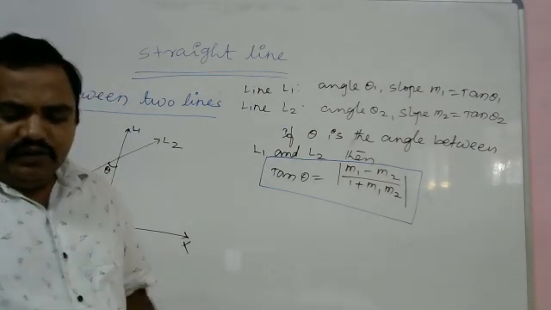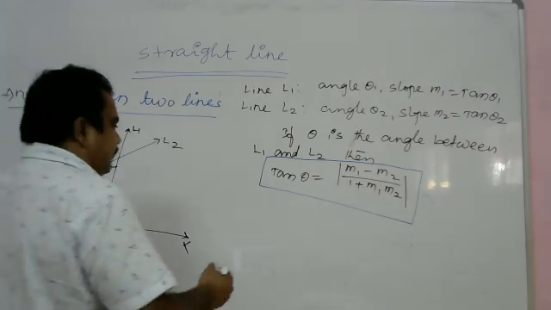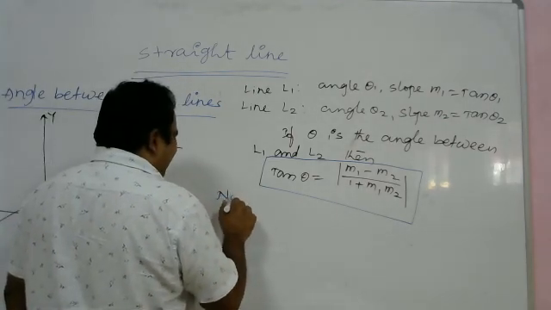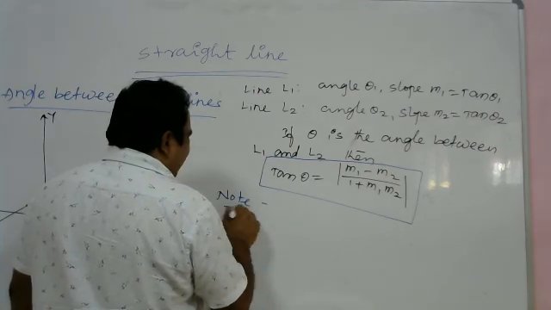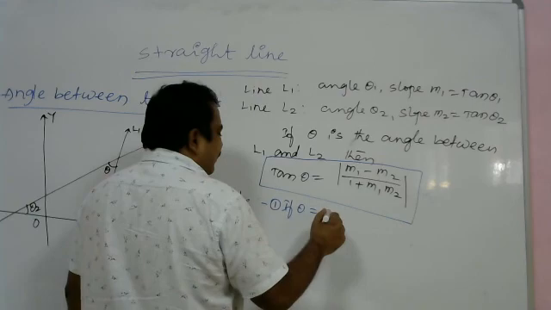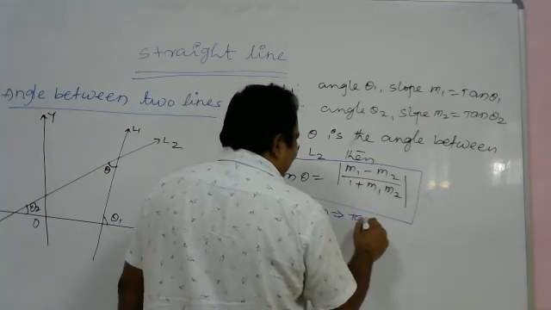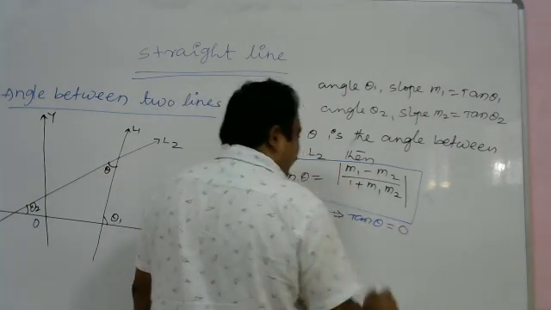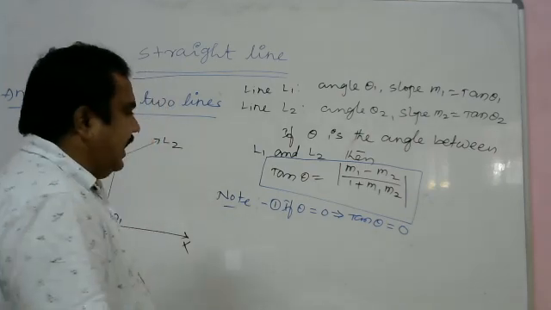Just see, suppose theta equals 0. Theta 0 means tan theta is 0. So when tan theta is 0, substitute 0 here.